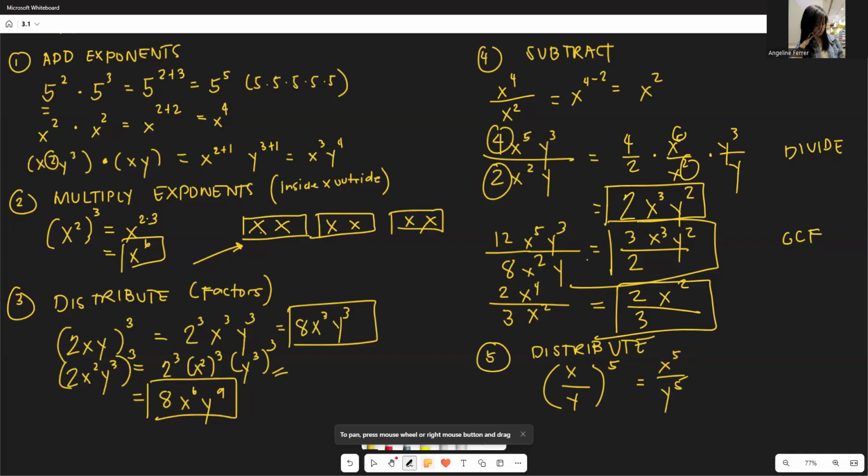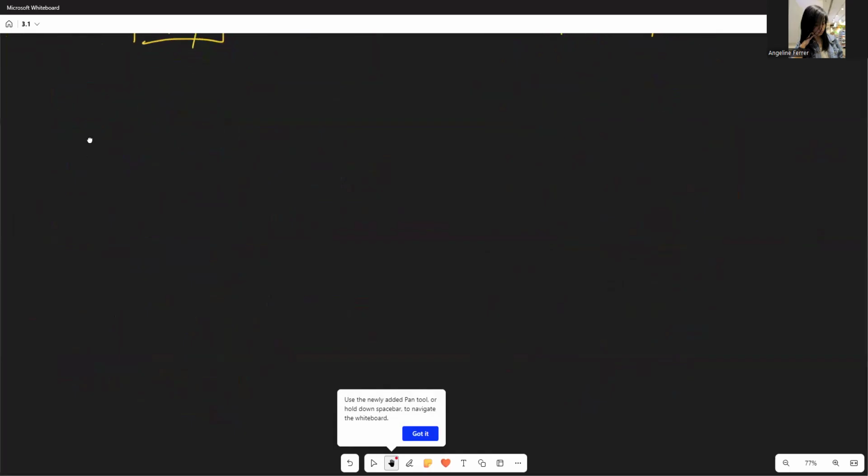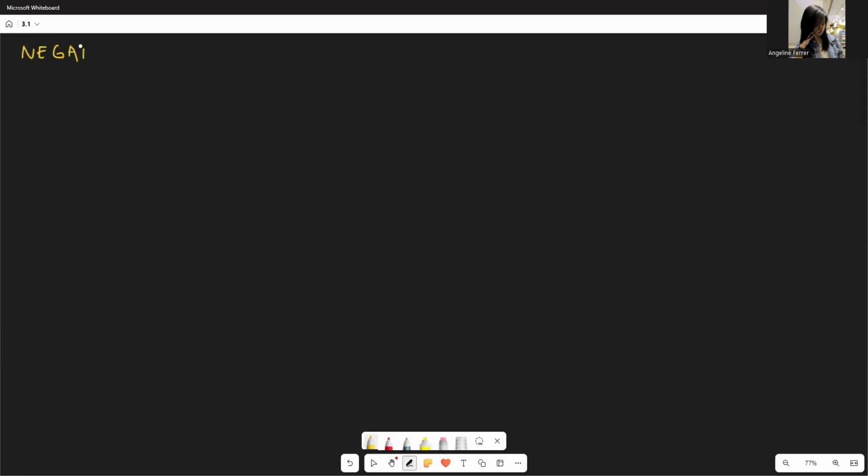All right. And then we have the negative exponents. So how do we deal exactly with negative exponents? So negative exponents, for example, we have x raised to negative 2.